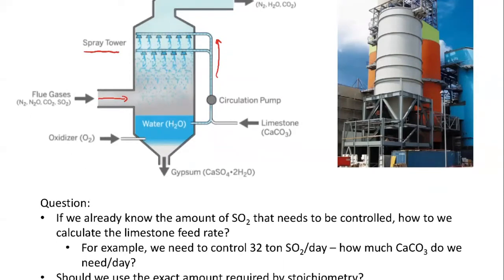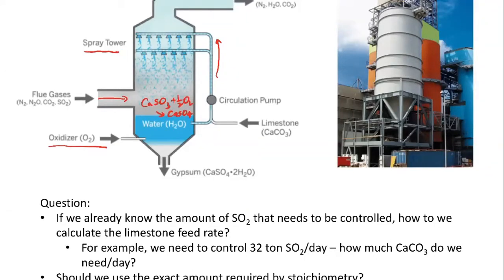And then generally, we'll also introduce oxygen at the bottom, mainly because the product coming out of this reaction is going to be calcium sulfite, right? Calcium sulfite is not stable enough, and also the solubility is still a little bit high. So that's why we introduce oxygen to convert to calcium sulfate, which has a much lower solubility.